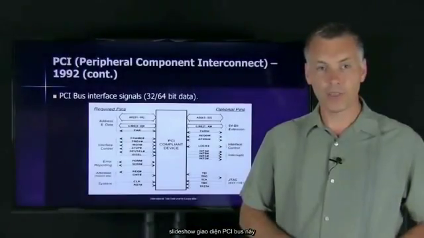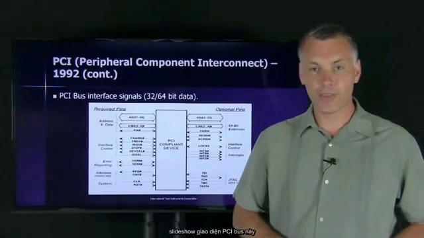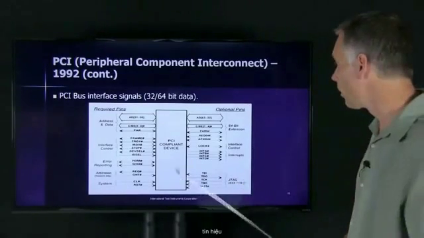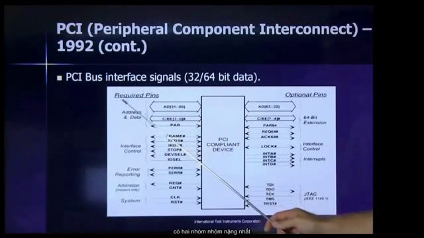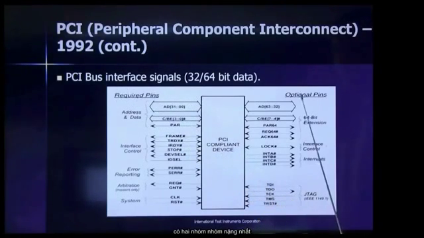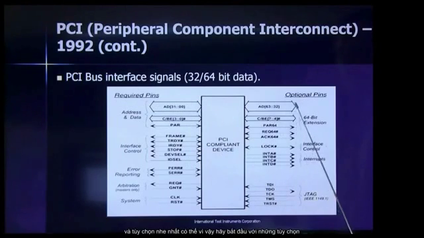This slide shows the PCI bus interface signals. There are two groups of signals. One is the required pins group and one is the optional pins group. So let's start with what's optional.